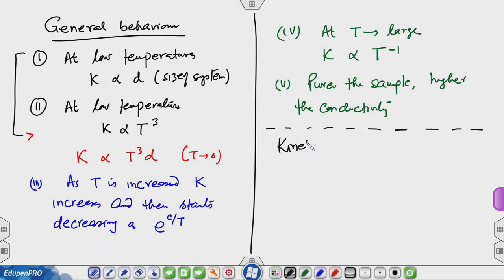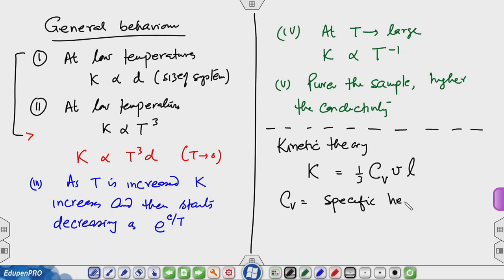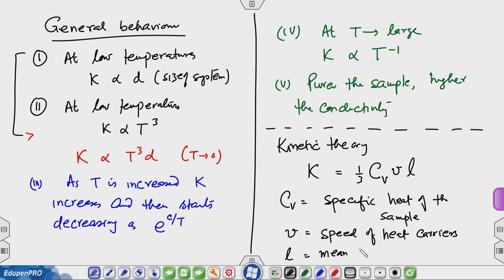So, kinetic theory tells me, and this we have used in the past, that the thermal conductivity kappa is going to be 1/3 C V times V times L, where C V is the heat capacity or specific heat of the sample, V is the speed of heat carriers, and L is the mean free path of carriers.